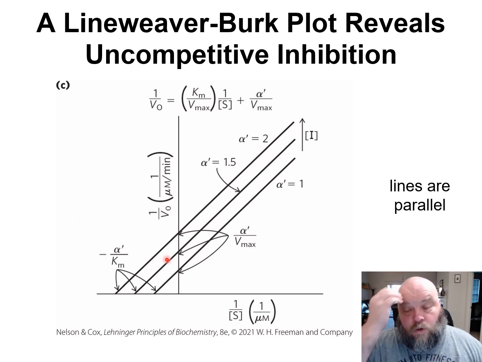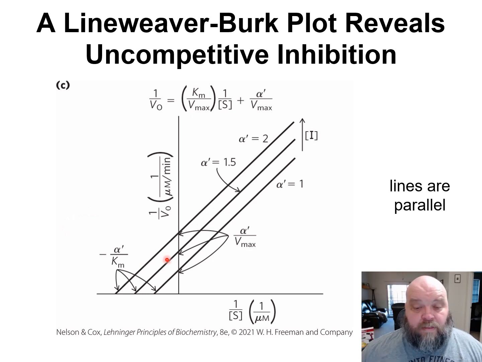Here, when you go and you graph them out, the 1 over Vmax, with the point here on the y, no, you now have what is referred to as alpha prime over Vmax, and this changes. It increases as you increase the concentration of inhibitor.